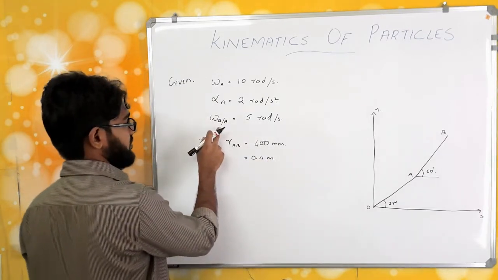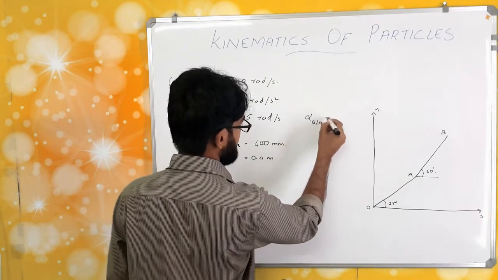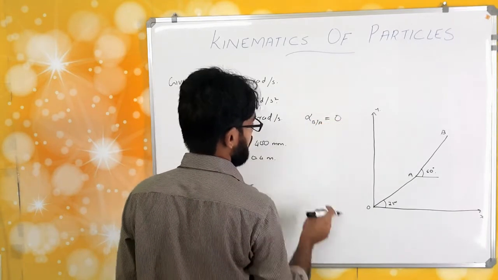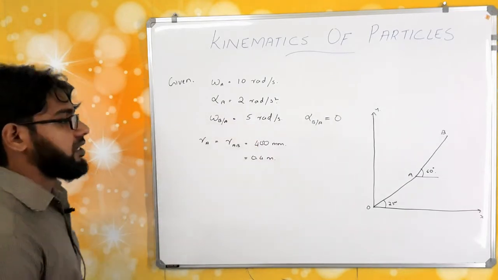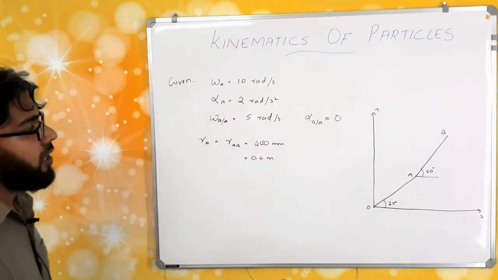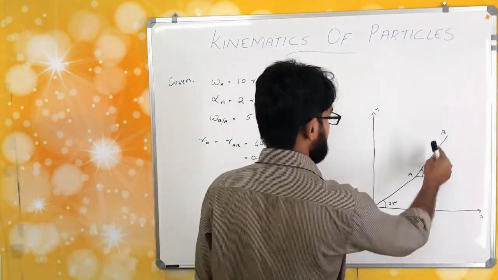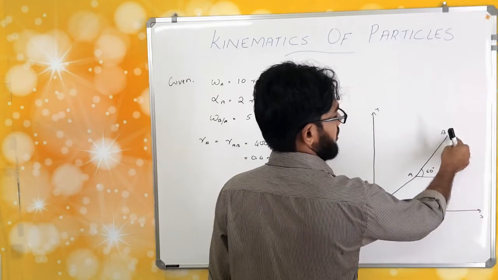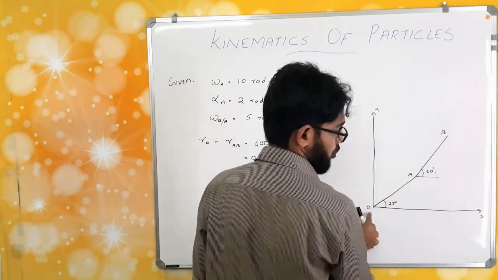The angular acceleration of B with respect to A is 0 since it is undergoing a constant angular velocity of 5 radians per second. Now the question is finding the corresponding acceleration and velocity of B with respect to O.